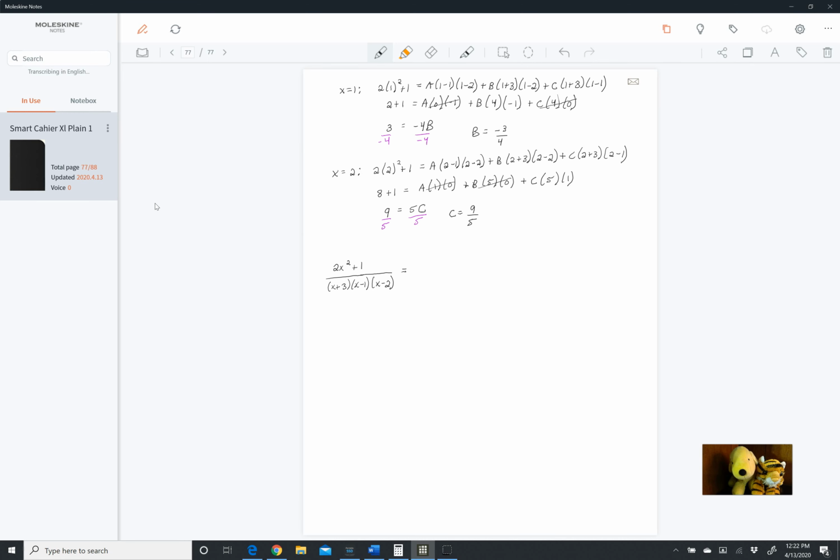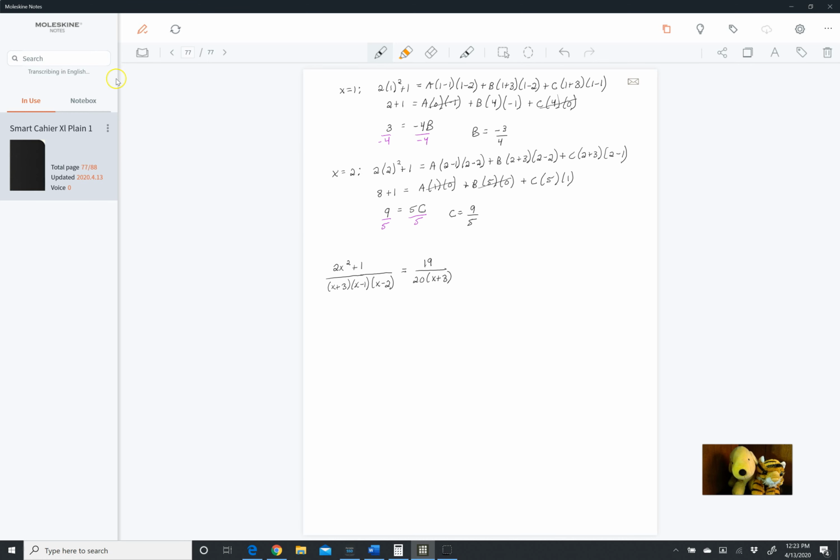And then we had a over x plus 3. So a is equal to 19 over 20. So here's how you would plug it in. The 19 is in the numerator, and the 20 just goes into the denominator. So it would look like this, okay?